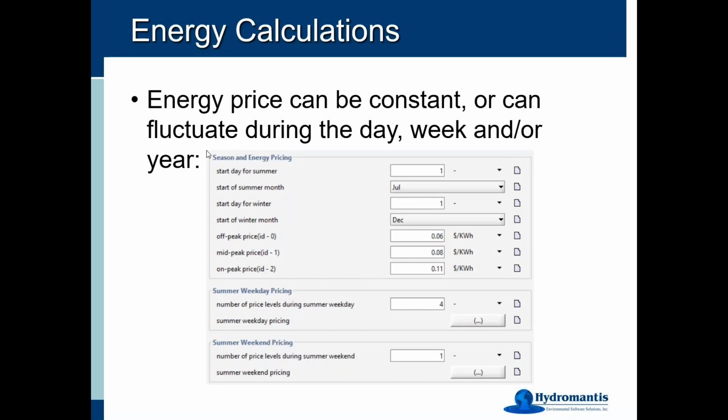And then we have weekend and weekday costs, and we can set up an entire system here to control in a very sophisticated way how that price changes over the year. So that's available for you to take advantage of. By default, it's just going to keep it constant, but you can come in here and activate one of these other options as well.